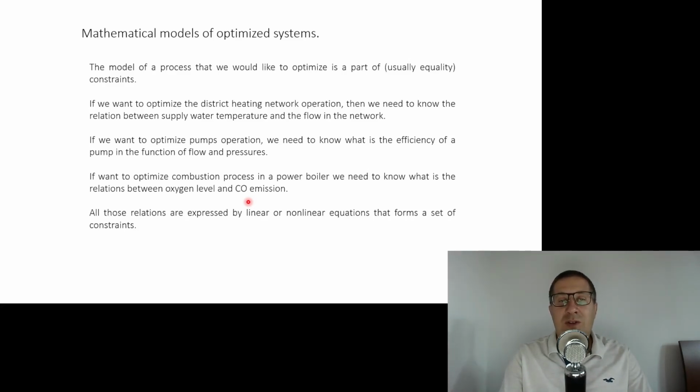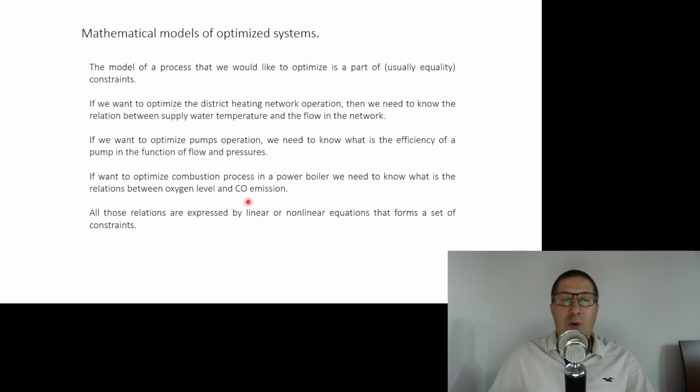The supply water temperature is the decision variable, but of course if we lower the temperature, the valves in the substations, in the buildings, will open because they need more heat, and the flow will increase. So in order to find the optimum value of this temperature without violating the flow limits, because the pipes have some diameter, I need to know this relation. And in this particular case, we use a machine learning approach to identify it.